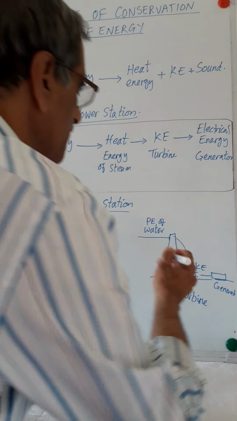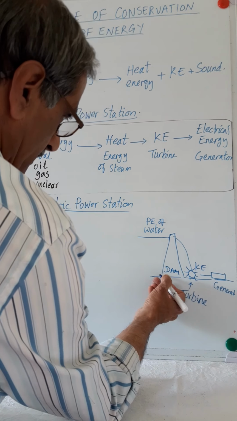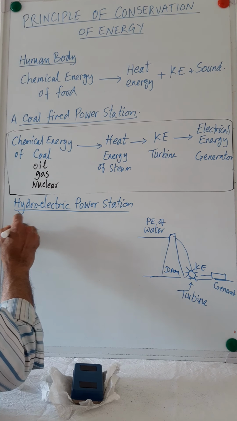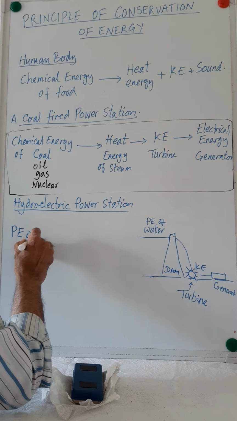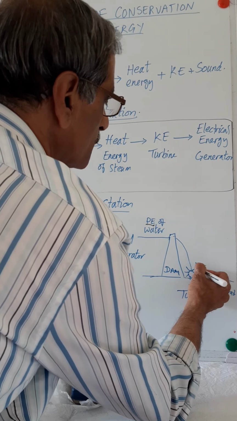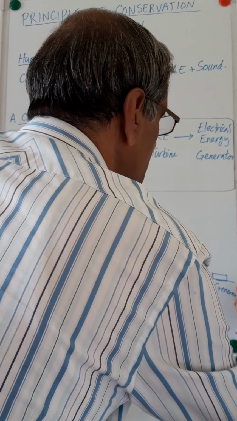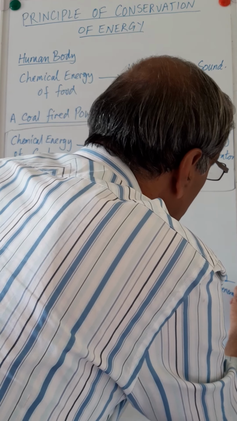So what happens is, this is the dam. We say potential energy of water changes to kinetic energy in the turbine, which changes to electrical energy in the generator. So this is the potential energy to kinetic energy to electrical, in the generator.